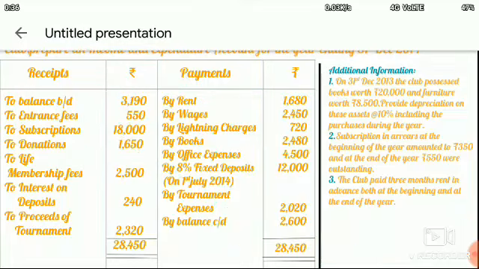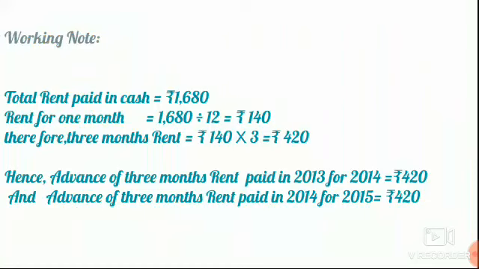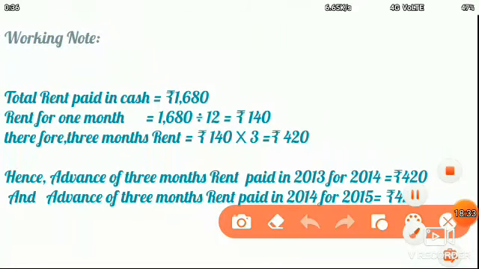When we have to show the details, in the working note we have to calculate the 3 months rent first. This is how we will calculate. The total rent which was paid in cash is 1680.